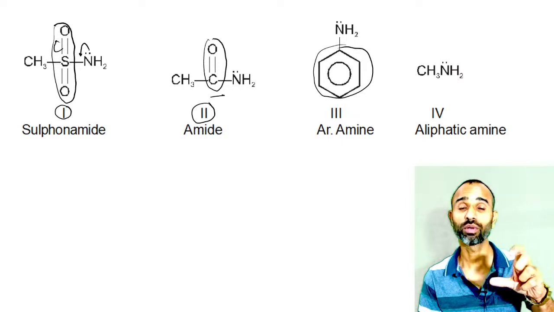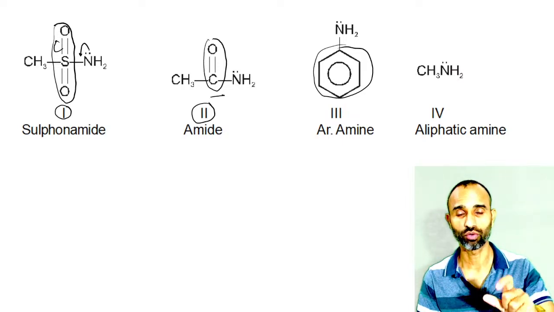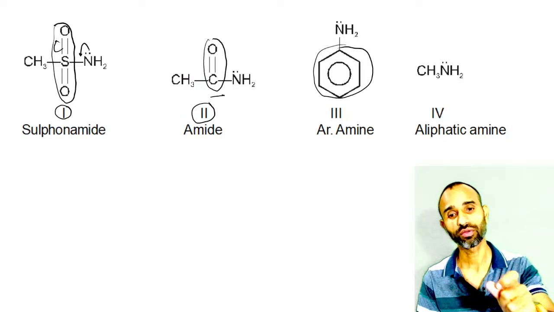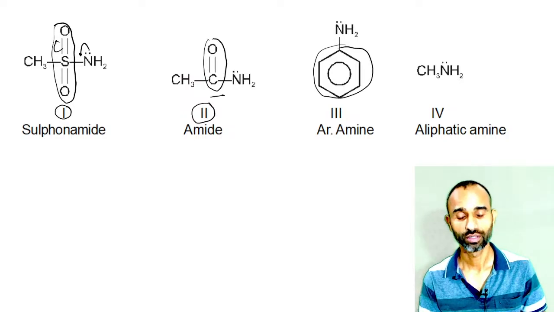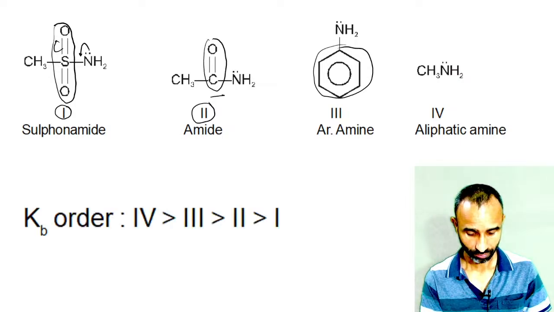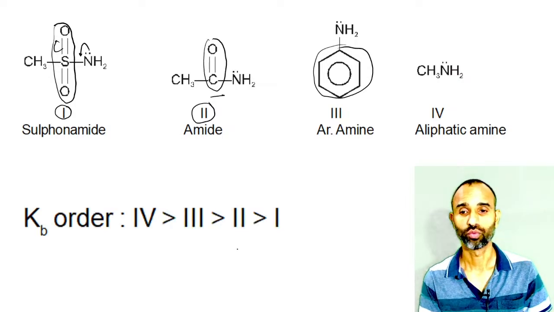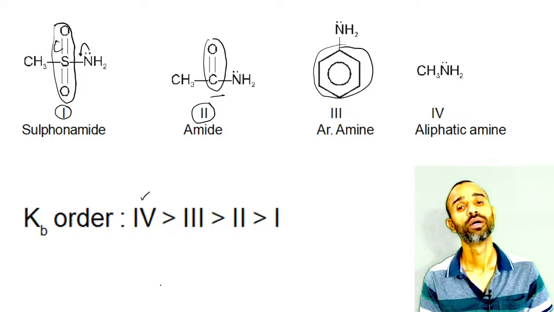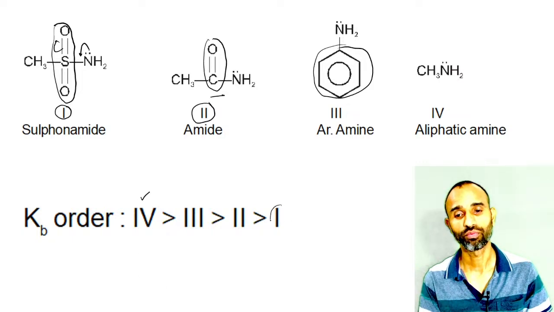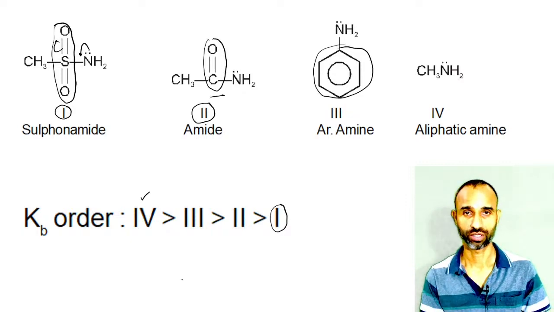But S double bond O, S double bond O has more minus R effect than C double bond O, which in turn is more than phenyl. So fourth is most basic and first one is least.